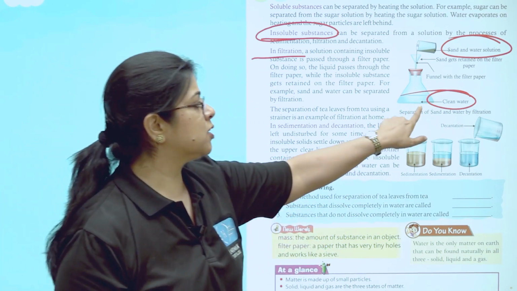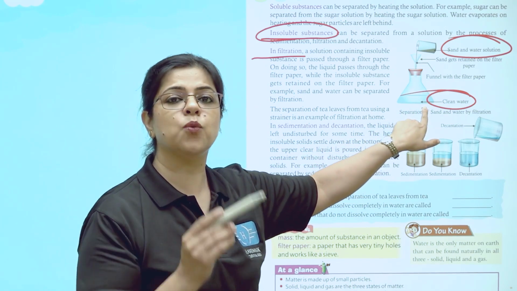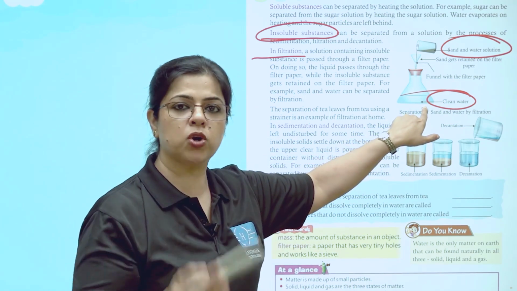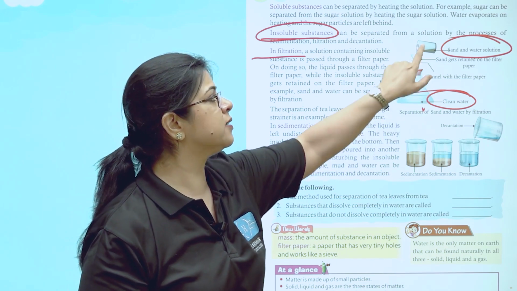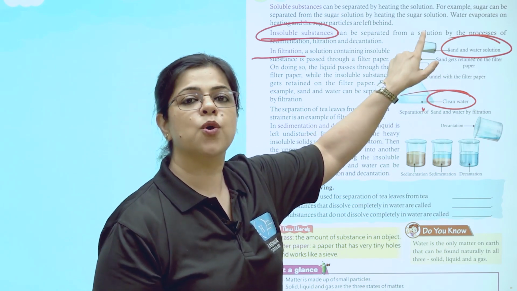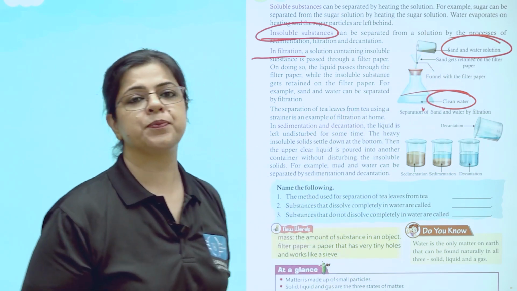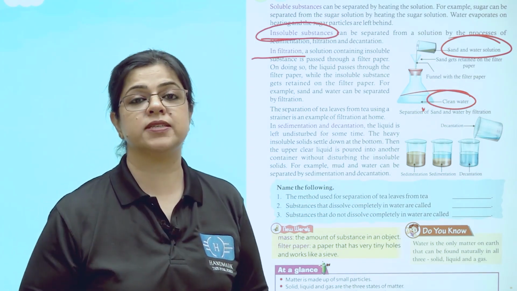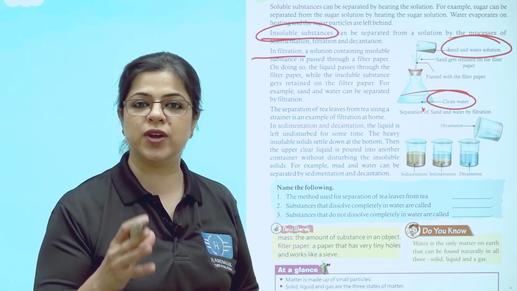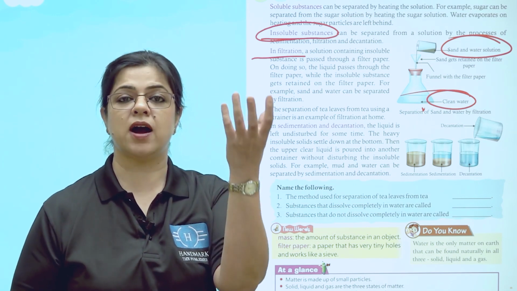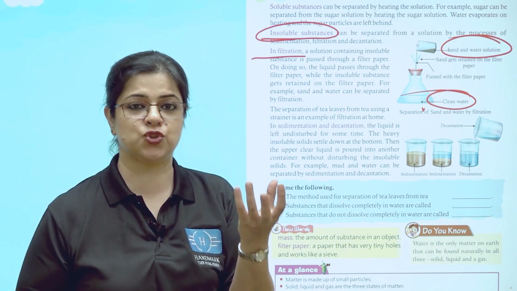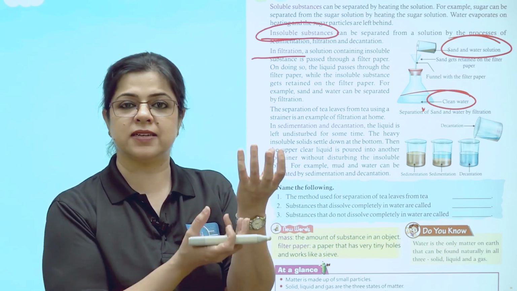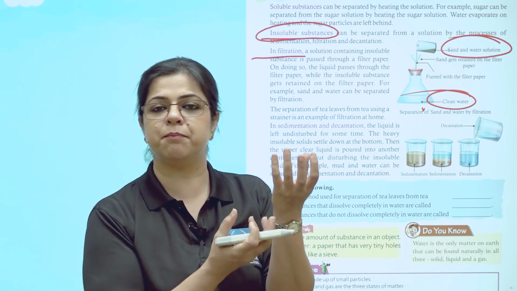That means the solvent, which is clean water, will accumulate at the bottom of the flask, and the solute, that is the sand, will remain in the filter paper. We use the same process at home when we are straining tea. The tea leaves are on the top of the strainer and the tea is collected in the cup below it.